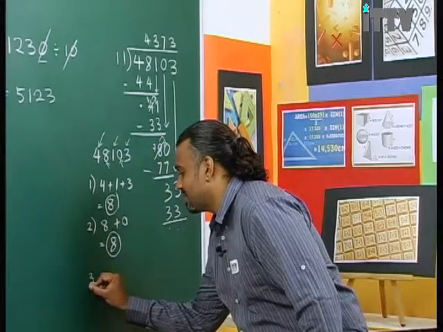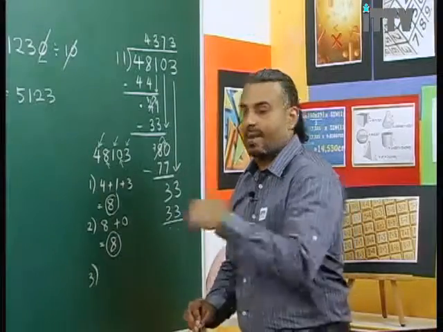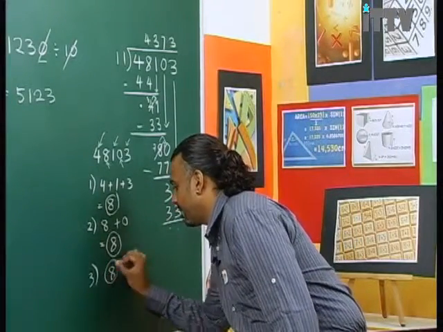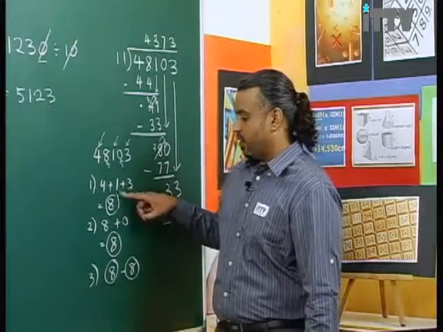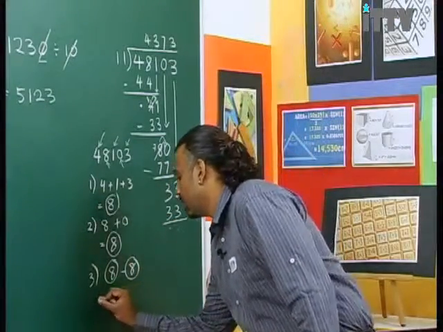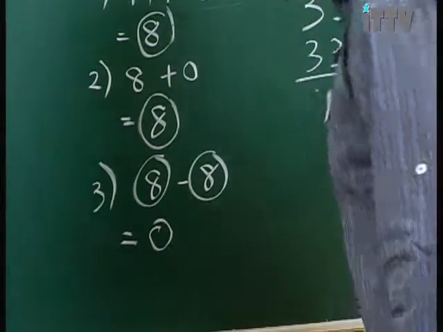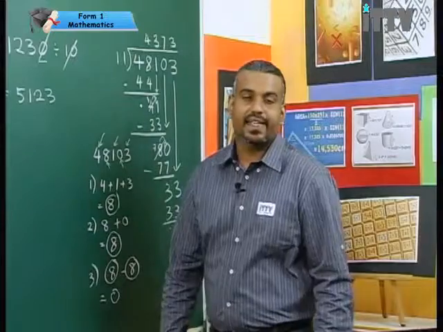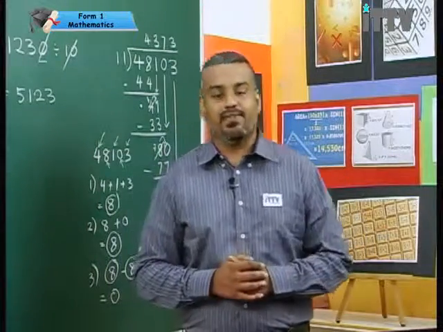In the last step, what you got to do is minus. 8 minus 8. We get 0. And if you get 0, boys and girls, it is divisible by 11.